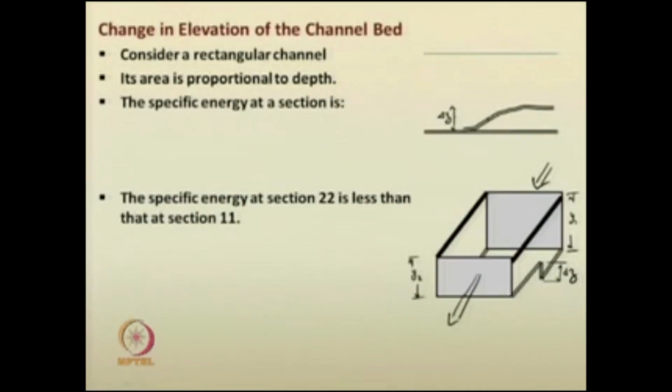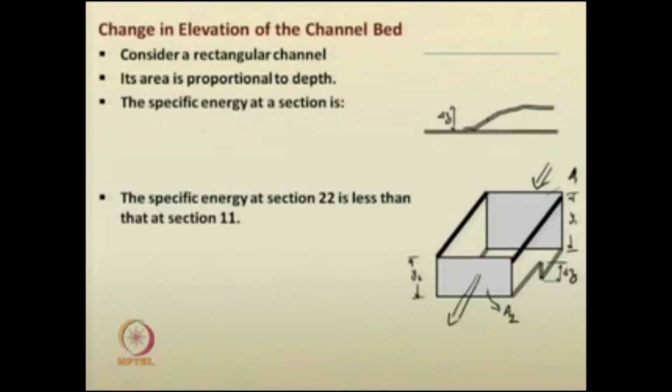You know that the area, this is A2 and this is A1. Both the areas are proportional to the depth of the flow, that is B into Y1, and here B into Y2 is area A2. So, the depth of the area is now coming into picture there.